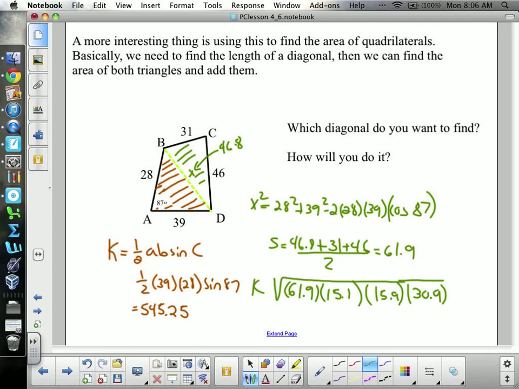So square root of 61.9 times 15.1 times 15.9 times 30.9, 677.6. And then, of course, you just add those together, and we've got the area of our quadrilateral.